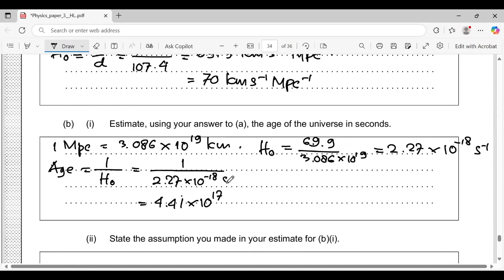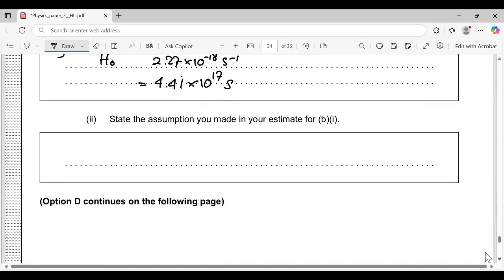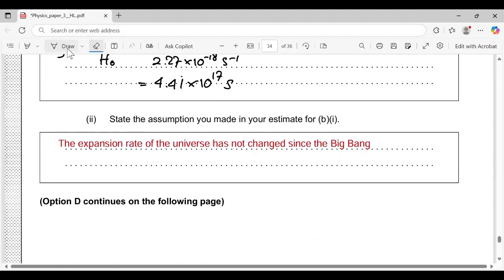This is per second. It means this unit becomes seconds, because it is 1 over 1 per second, so it also becomes seconds. And the next question, state the assumption you made in your estimate for part B1. I have provided this one.